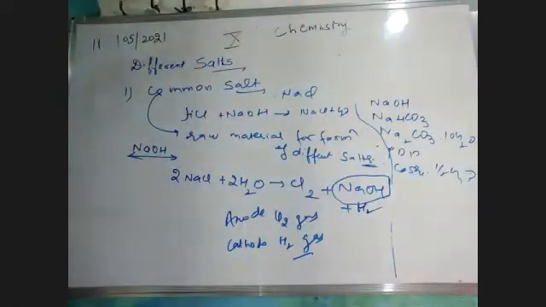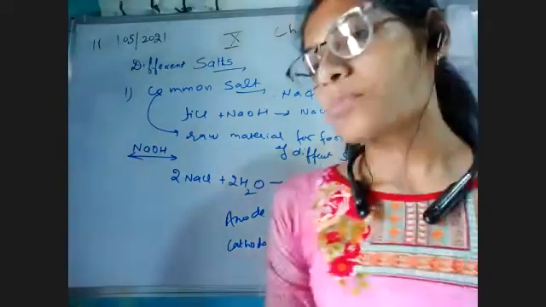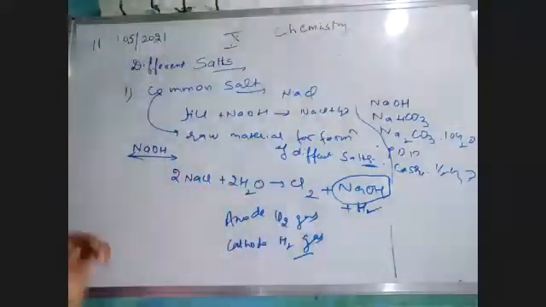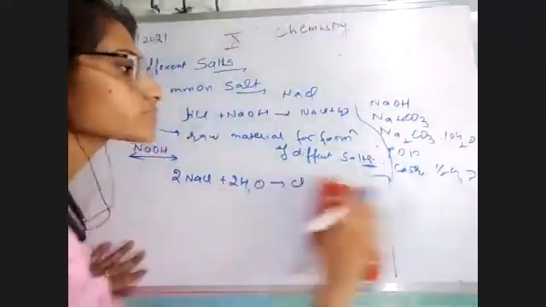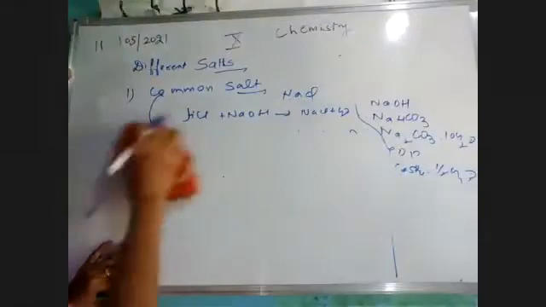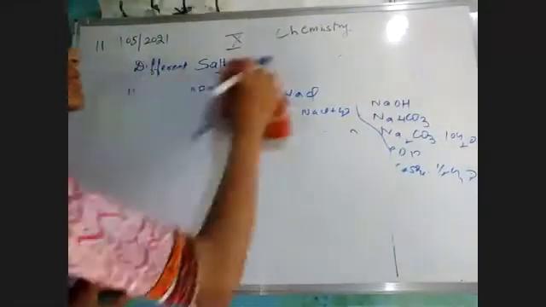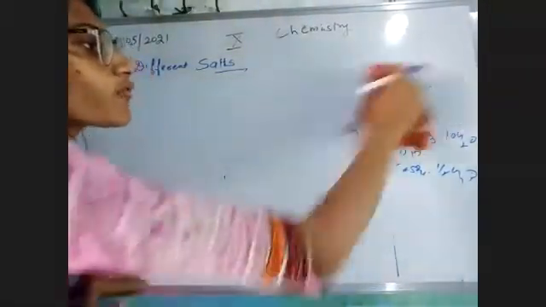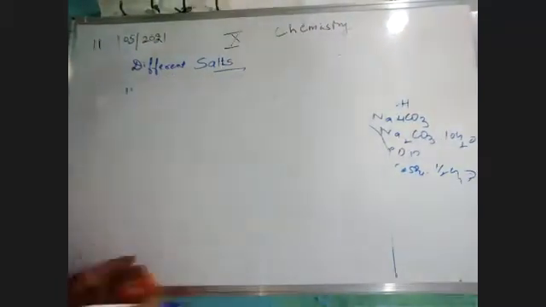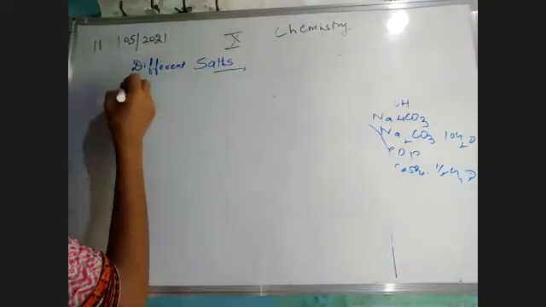Now we will start with our second important compound, that is known as bleaching powder. So let's begin with what bleaching powder wants to describe to us. Hopefully you have heard about the bleaching powder.